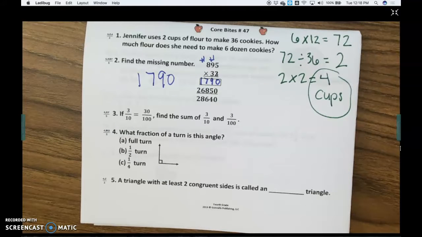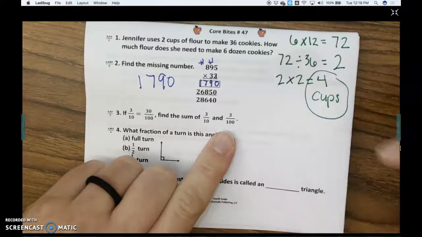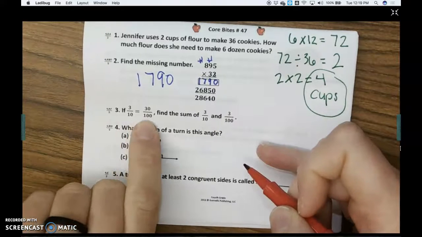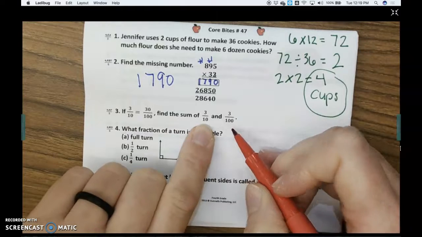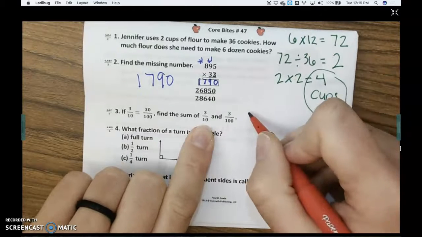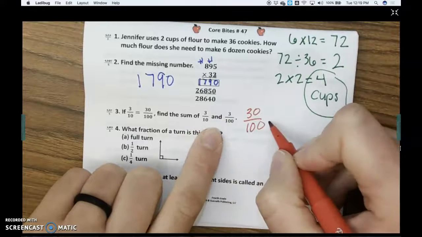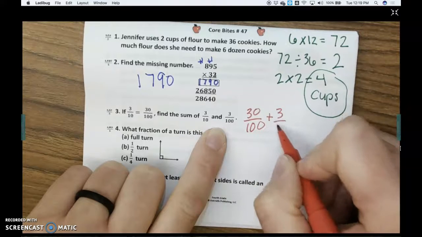If 3/10 is equal to 30/100, find the sum of 3/10 and 3/100. So what you have to do is, if you know that 3/10 is 30/100, right? And so you would change it here to 30/100 because 3/10 equals that, because you want your denominator to be the same, plus 3/100.